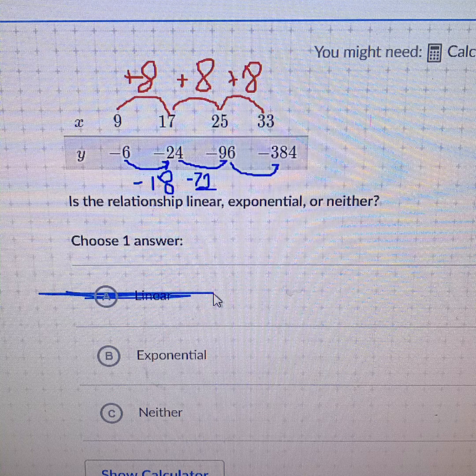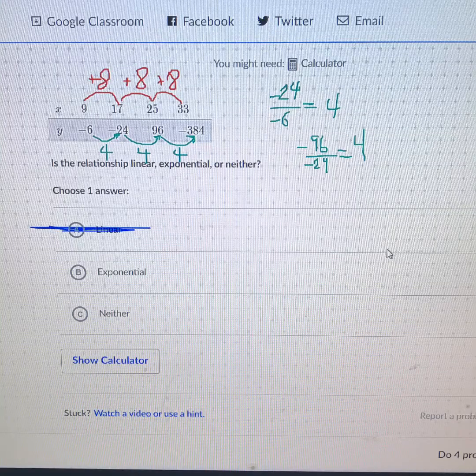So now I'm going to erase that and check if this is exponential by dividing. As I looked at my y values changing from -6 to -24 and then to -96 and -384, I'm checking if this is exponential by dividing the two y values that are next to each other.